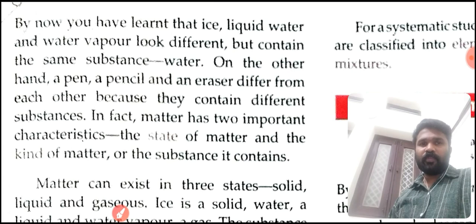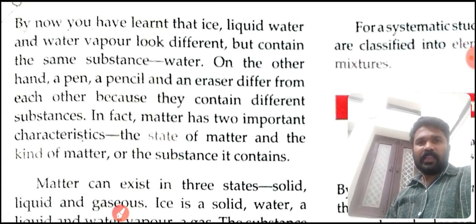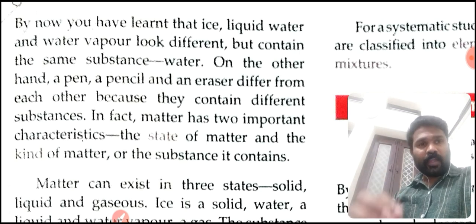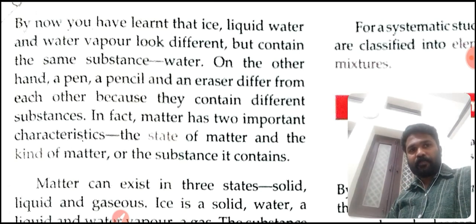Okay, students? On the other hand, a pen, a pencil and an eraser differ from each other because they contain different substances. We have pen, pencil, eraser and many other things. These things all differ from each other. Why? Because they contain different substances.